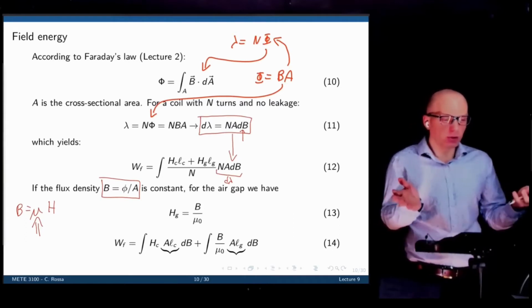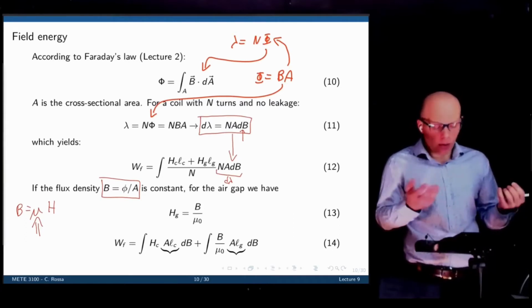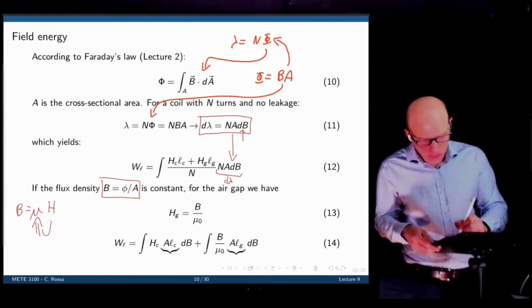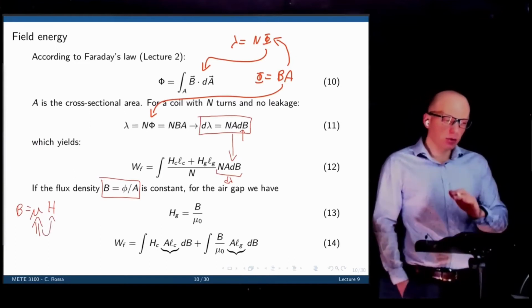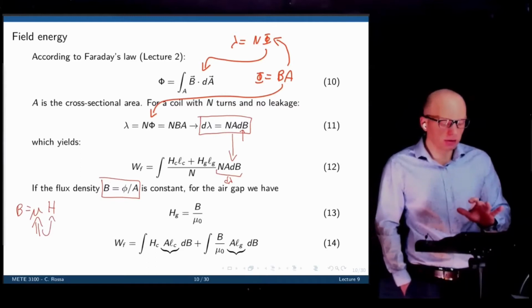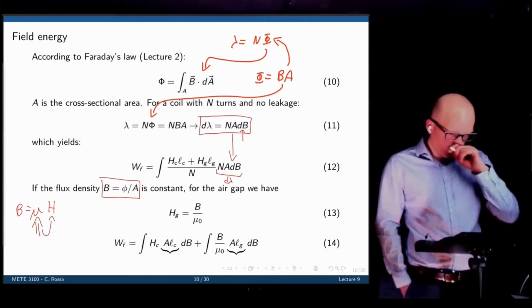If that relation is not linear anymore, it will depend on the intensity of H, and hence the integral cannot be solved. It has to be left in its generic form.